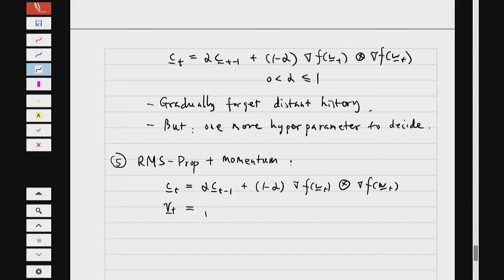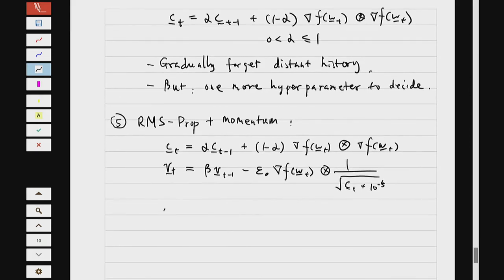quantity, right? Now we have to use beta times v_{t-1}, and then minus this guy, the gradient, with an RMS prop way of adjusting the learning rate. Like that.